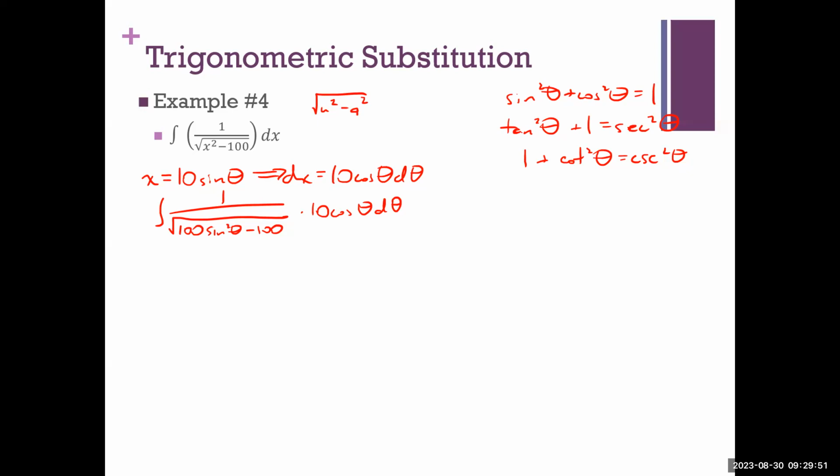What is sine squared theta minus 1? Negative cosine squared. Then you have the square root of a negative cosine squared. Negative cosine squared will always be negative, right? If I take the cosine of an angle, that can be positive or negative, but I'm going to square it. That's never negative. So sticking a negative on it is going to make it negative. I don't think this is going to get us there.